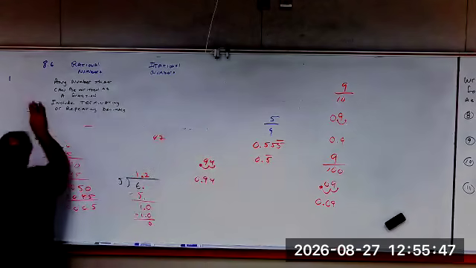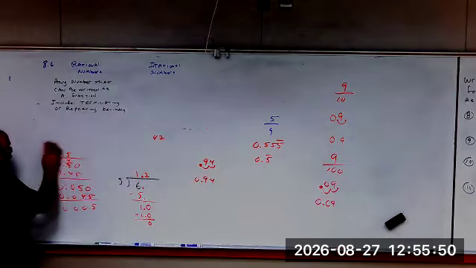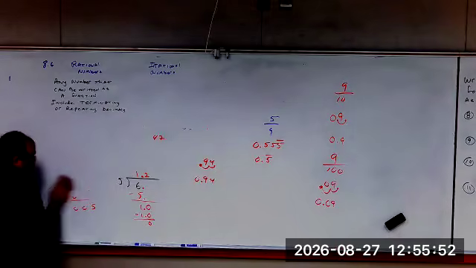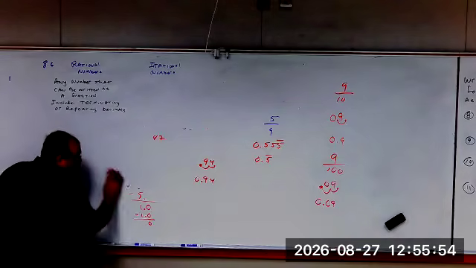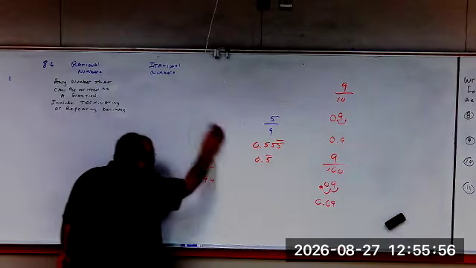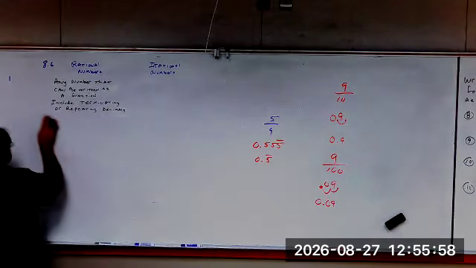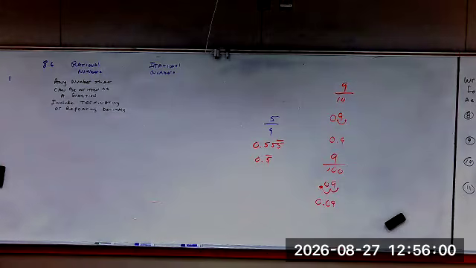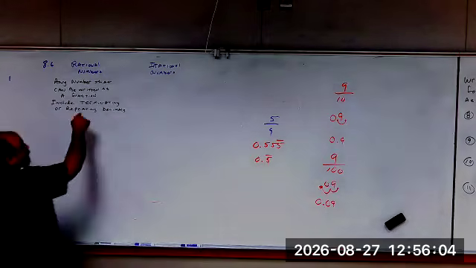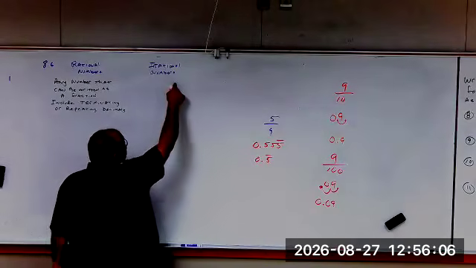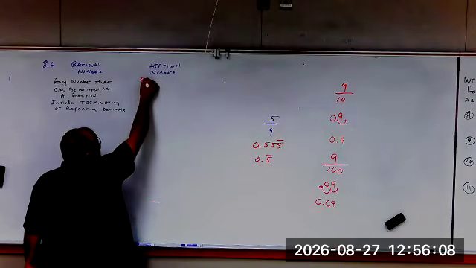So that means all the whole numbers, all the counting numbers, all the integers, and then all the fractions, terminating and repeating decimals, they're all rational. And the ones that are not rational are irrational. So these can be written as fractions. Irrational numbers cannot be written as fractions.